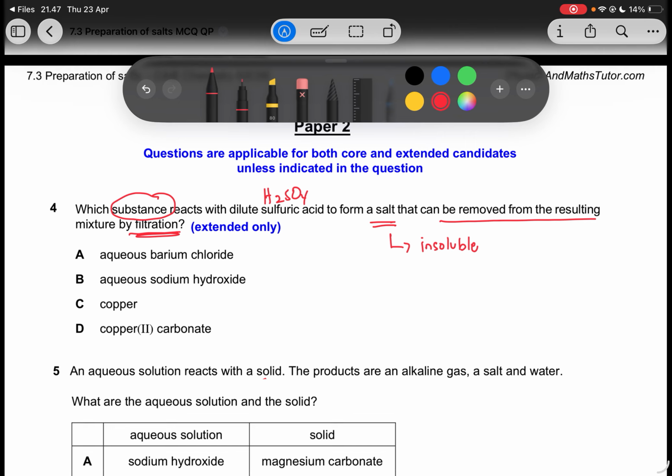So how can we make an insoluble salt? Remember our method to make an insoluble salt, that is precipitation. We can do precipitation by mixing two soluble compounds that will result in an insoluble salt.